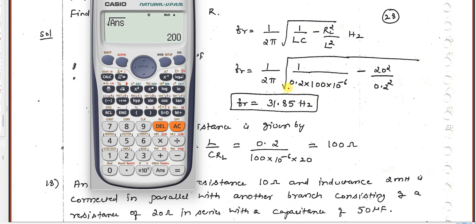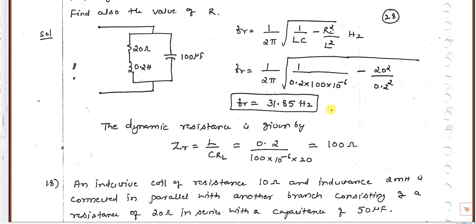Now this is 200, and 200 divided by 2 pi gives 31.85. So that is the resonance frequency.